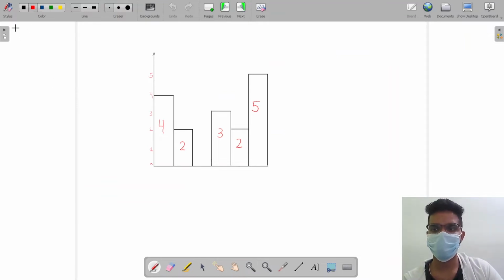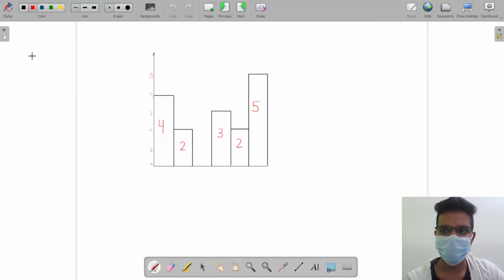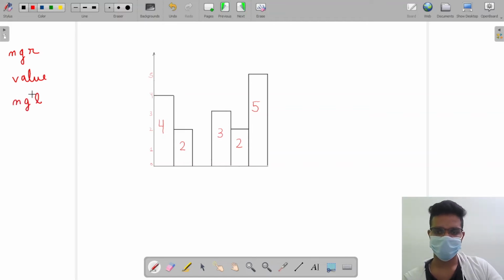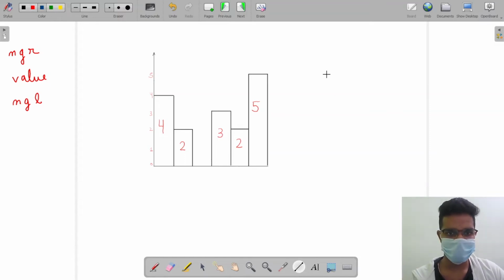Okay, I'm going to break it into steps. First, we are going to see how we calculate next greater right. Then we are going to extract our height, or you can say my value. Then next greater left. Okay, so I'm going to build a stack this time and we are going to understand it.